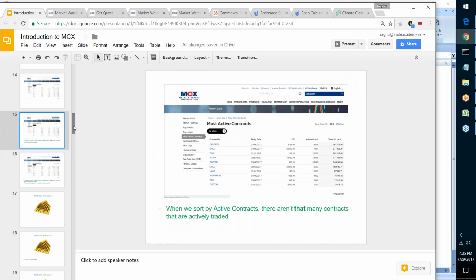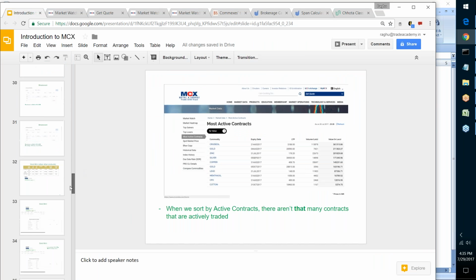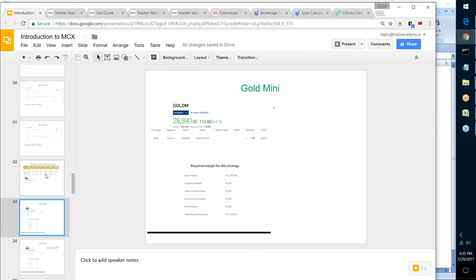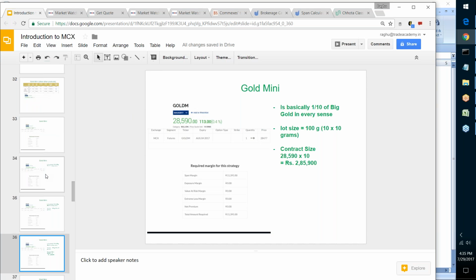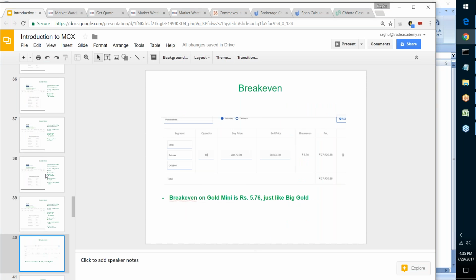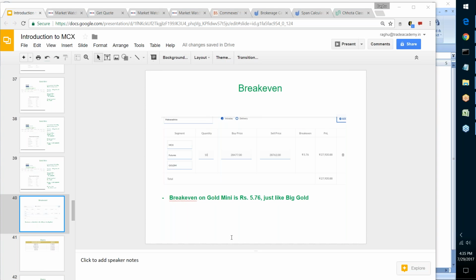Now here's the thing, okay? When you're starting out, do not trade gold, because you have to put up a lot of margin. So what you want to do is begin trading gold mini initially, and once you're comfortable trading gold mini, if you have enough liquidity and margin, then I would actually say trade gold.